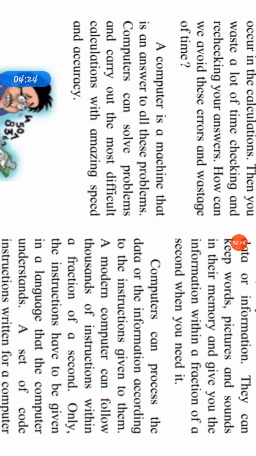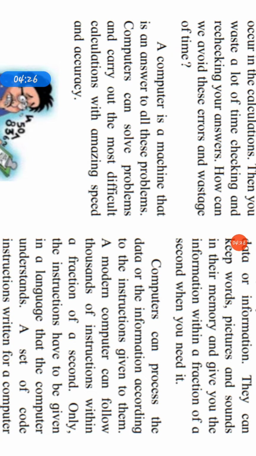A computer is a machine that is an answer to all these problems. For all these problems, there is only one answer, that is the computer, which is an electronic machine. Computers can solve problems and carry out the most difficult calculations with amazing speed and accuracy. Amazing means astonishing, and accuracy means correctness and exactness.